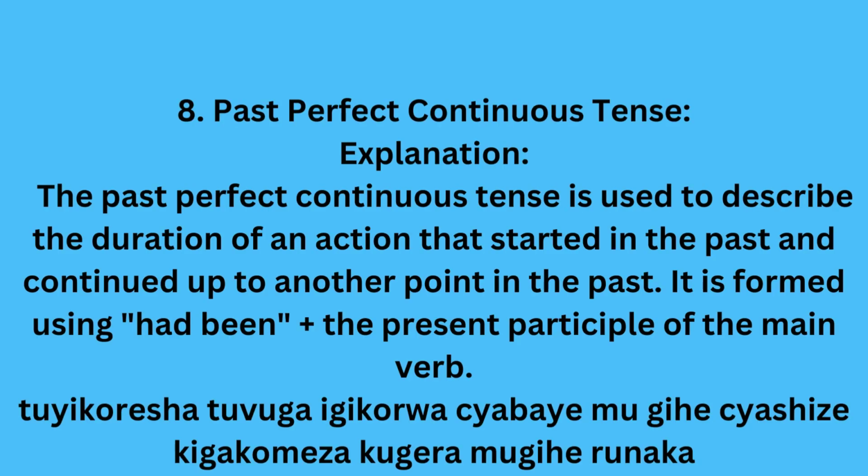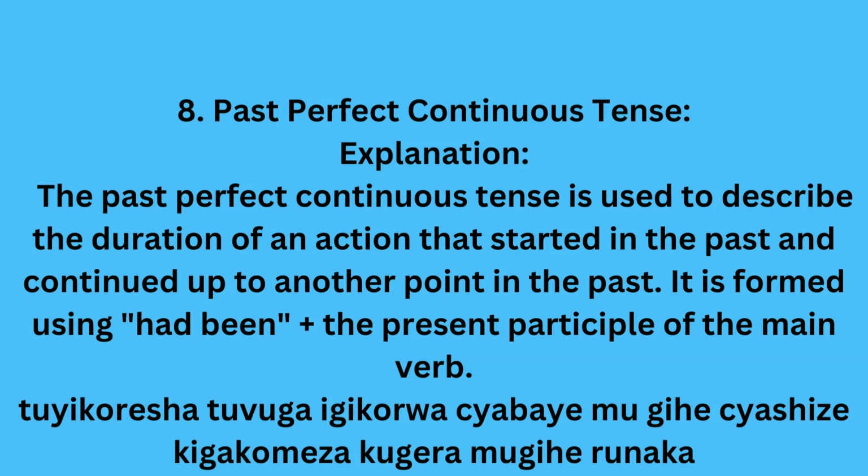Ikindi gikurikiye cyitwa past perfect continuous tense. The past perfect continuous is used to describe the duration of an action that started in the past and continued up to another point in the past. It is formed using had been plus present participle verb of the main verb.